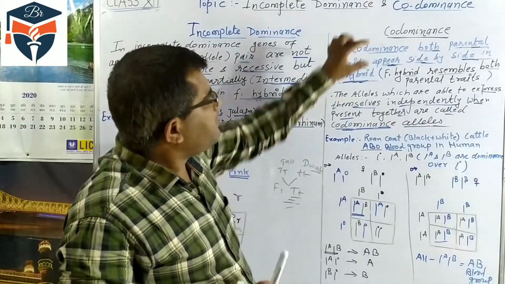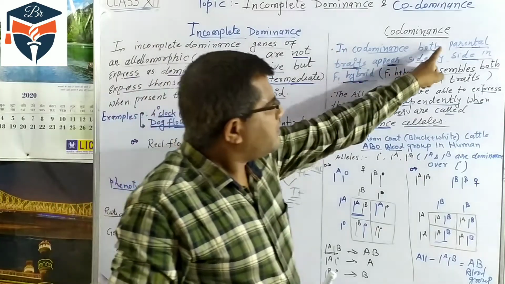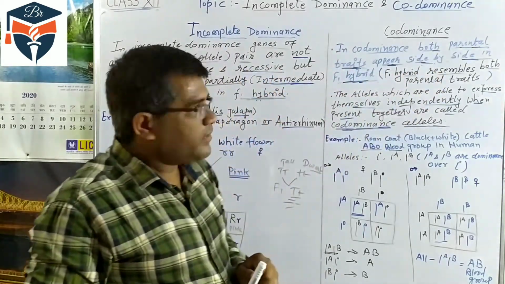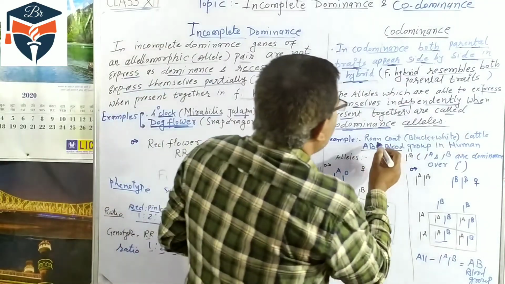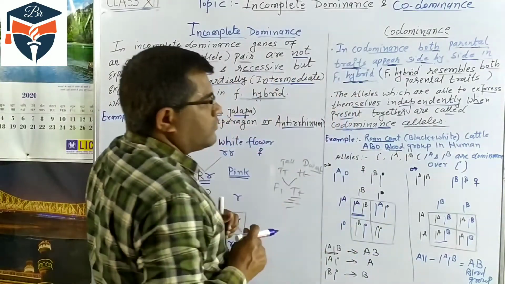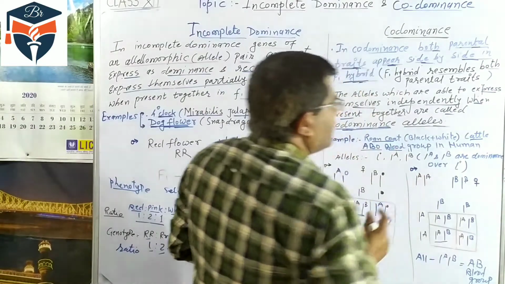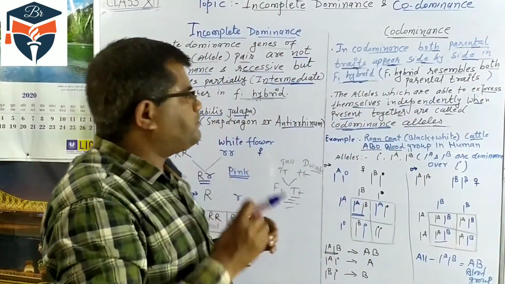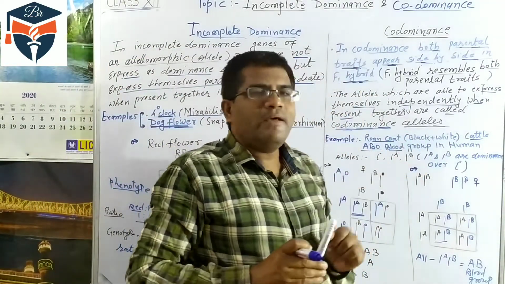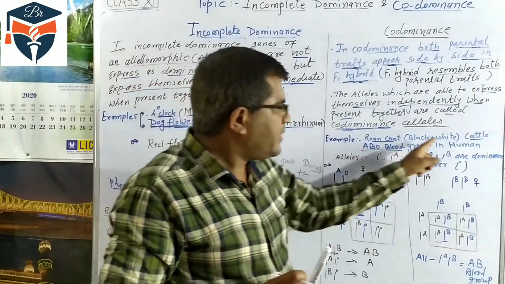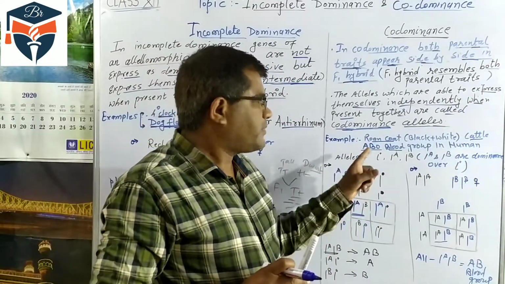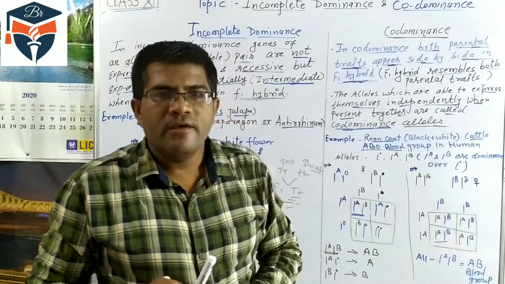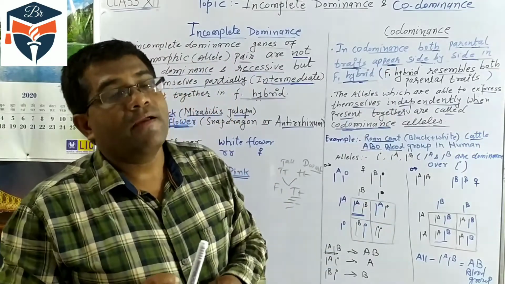In co-dominance, both parental characters appear in the F1 progeny. The first example is the roan coat in cattle. Generally, when a black cattle is mated with a white cow, a new progeny is obtained having a white body but patches of black color.